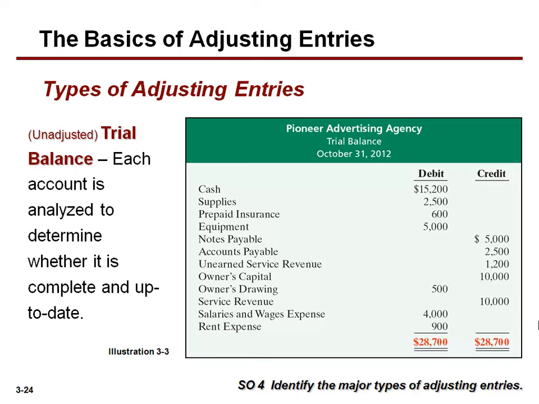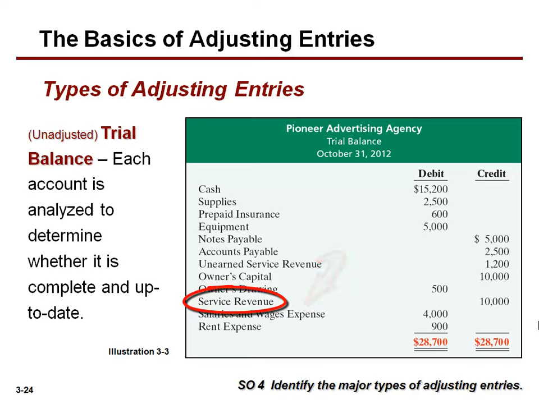These are events that are not looked at on a daily basis by companies, so at the end of a period they're looked at. Likewise, certain liability accounts, such as unearned service revenue, are examined to determine, has some of this been earned? We have to reclassify some of that out of unearned service revenue and into regular service revenue.